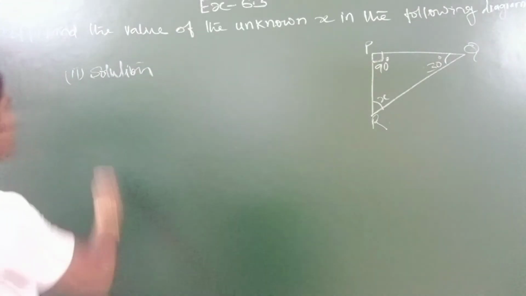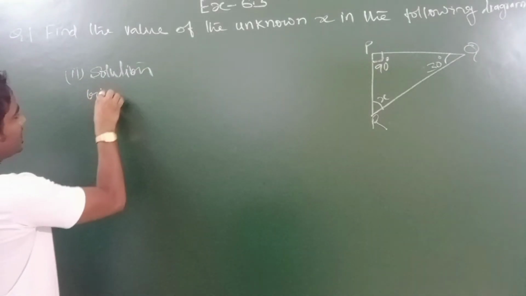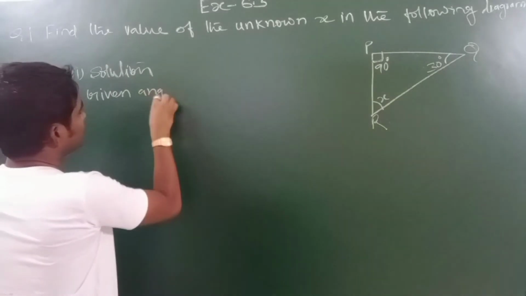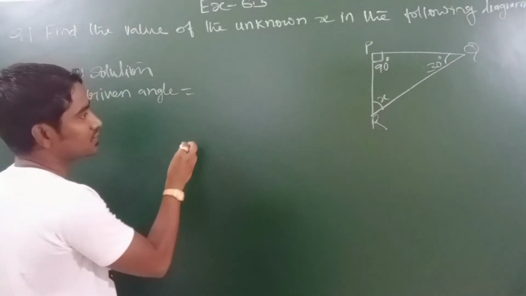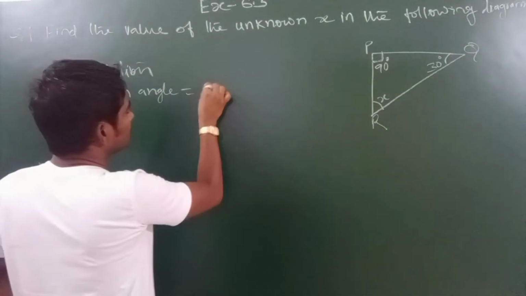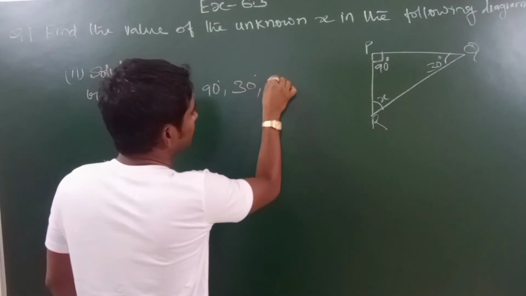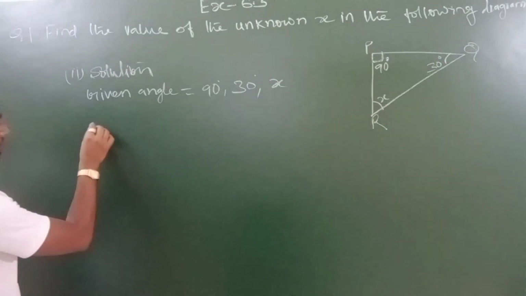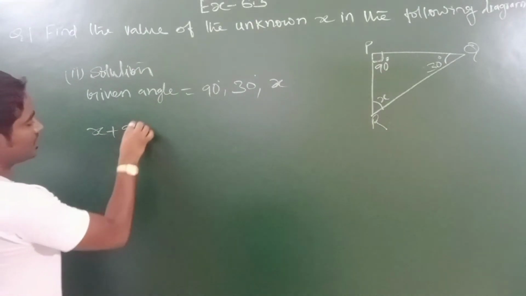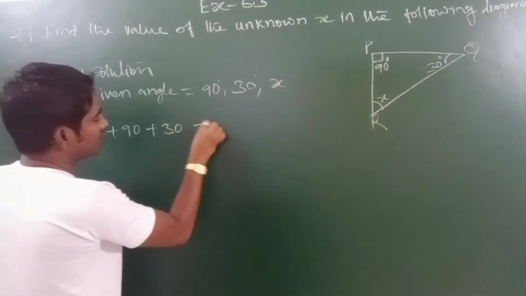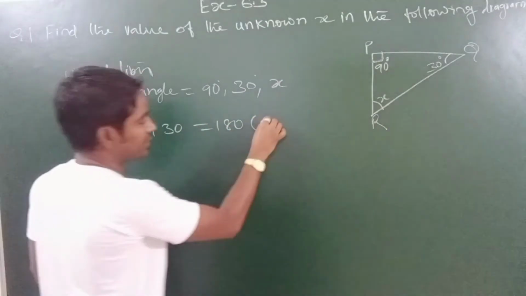Now you will write here the given angles, as I told you. The given angles are equal to how much, students? 90 degrees, then 30 degrees, then x degrees. Now you add them all. So x plus 90 plus 30 will be equal to 180. Why?